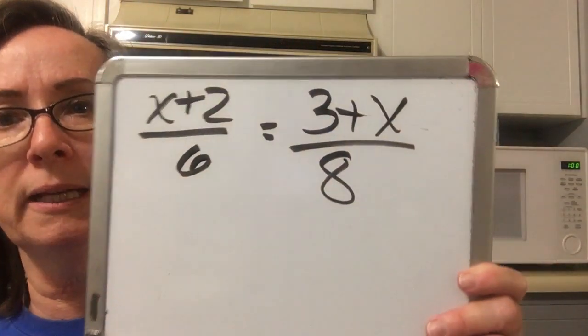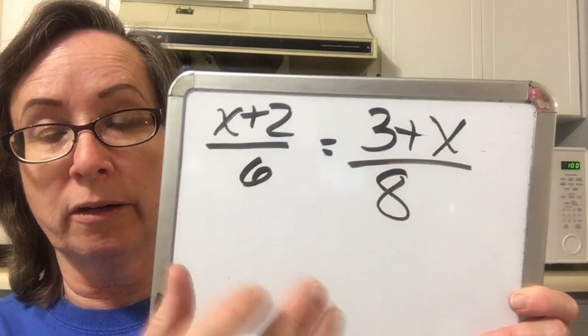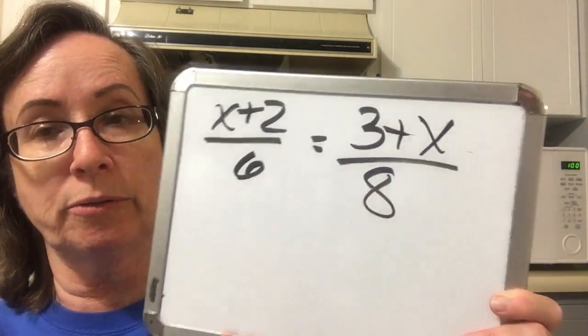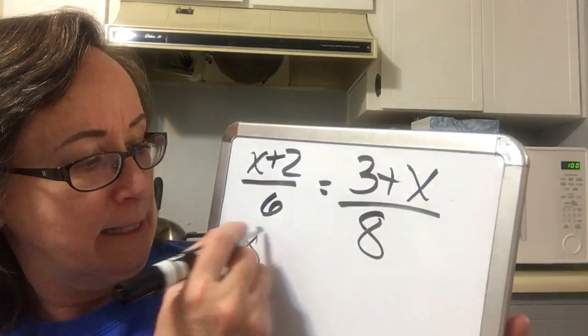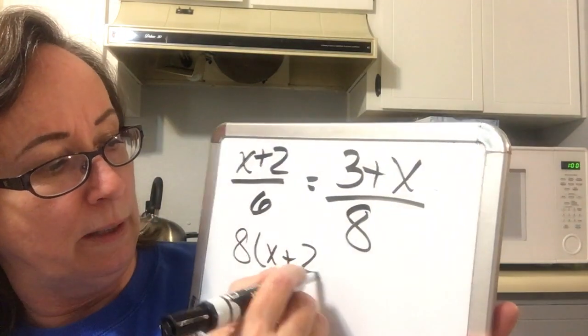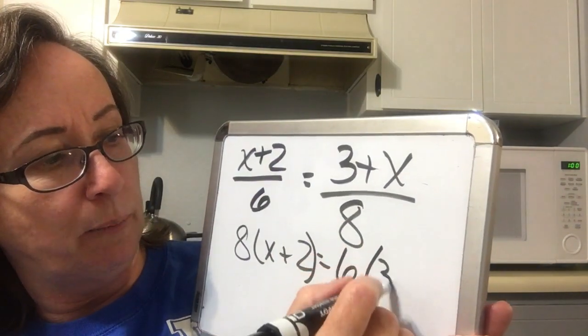And this one is x plus 2 over 6 is equal to 3 plus x over 8. Okay, so this one, I'm going to use my proportion here, one rational expression equal to another. I'm going to cross multiply and get 8 times x plus 2 equals 6 times 3 plus x.